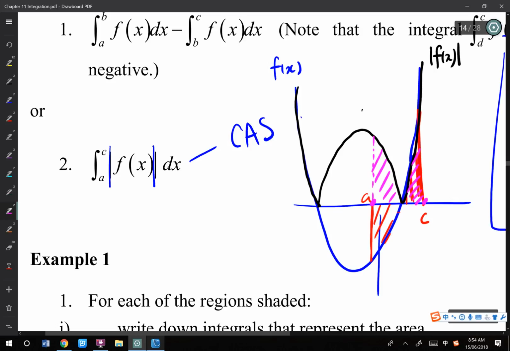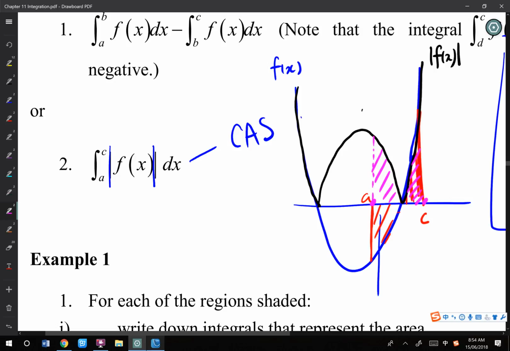A to C under the absolute function is the same area. The pink area is the same as the red one because the positive one still stays as the positive, and the negative one just is reflected up and you have a positive one. So from A to C now is all positive area. There's no negative.